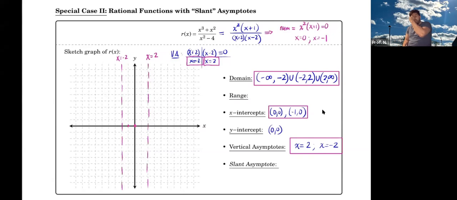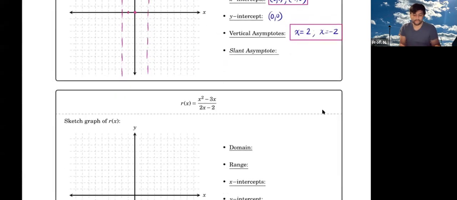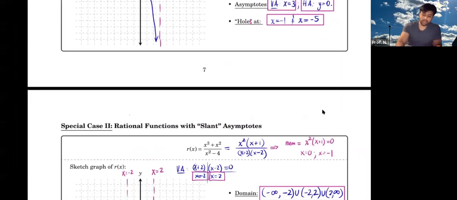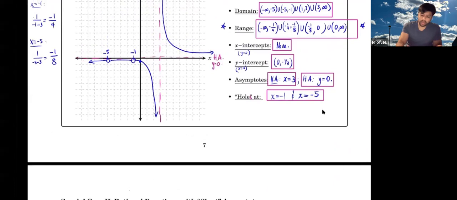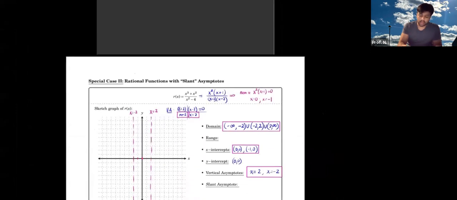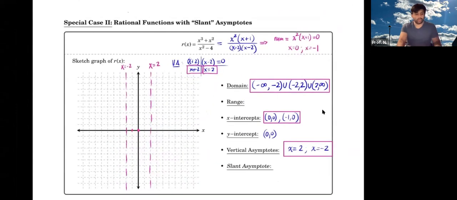Now we have not spoken about the slant asymptote, and I'll have to demonstrate some background knowledge about this. So what is this slant asymptote? A slant asymptote occurs when the numerator has a higher degree than the denominator.